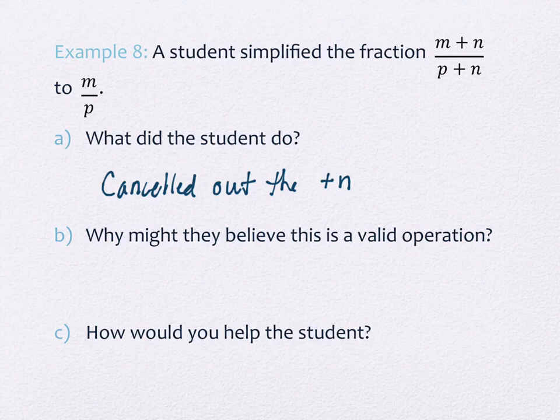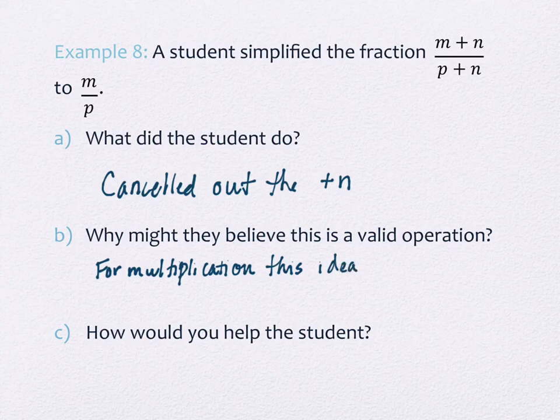So they do have that feature available to them to sort of just mark things out, but not when it's addition, when it's multiplication. So for multiplication, this idea, we'll say it holds.